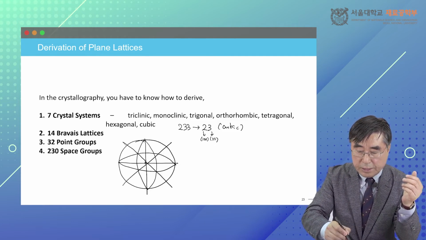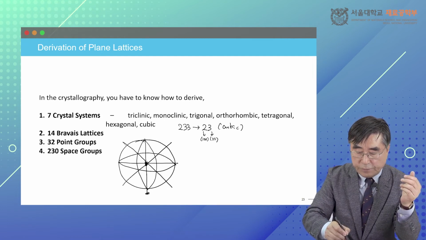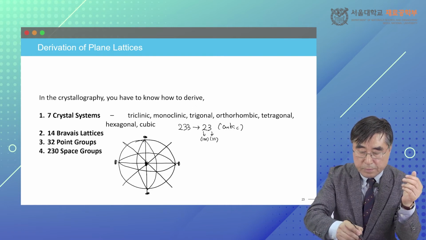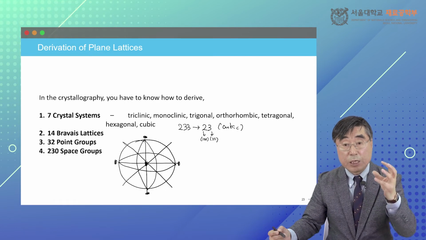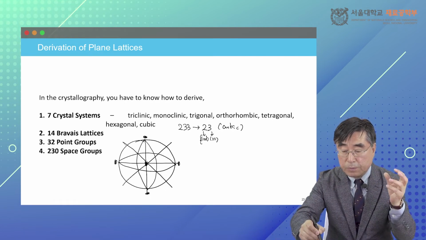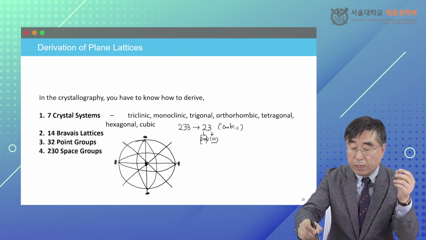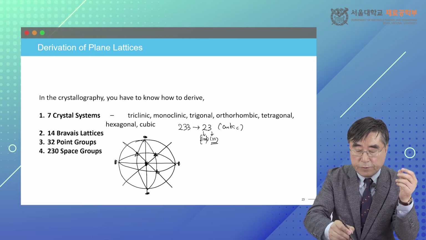So the z-axis has twofold, and x-axis has twofold, y-axis has twofold. So all the 1, 0, 0 type of planes, poles, have twofold symmetry. And all the 1, 1, 1 poles now have threefold symmetry in here. Threefold, threefold, threefold, threefold.